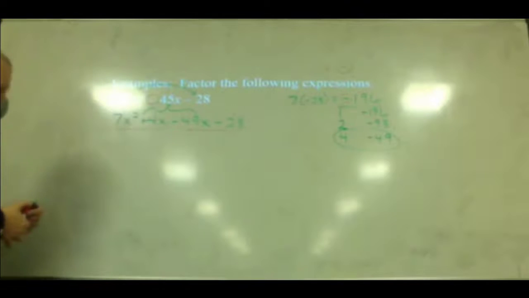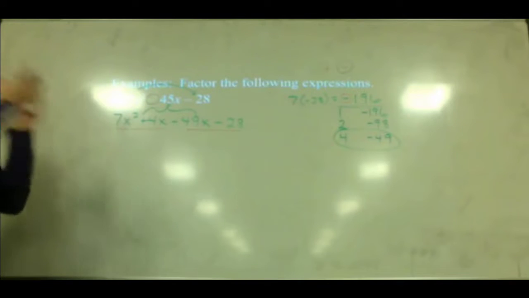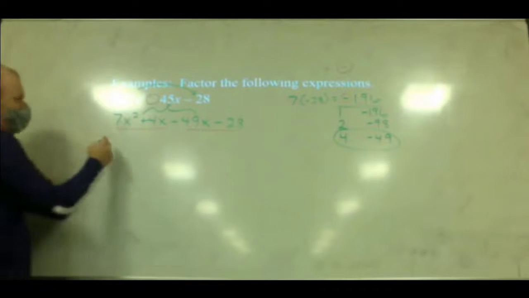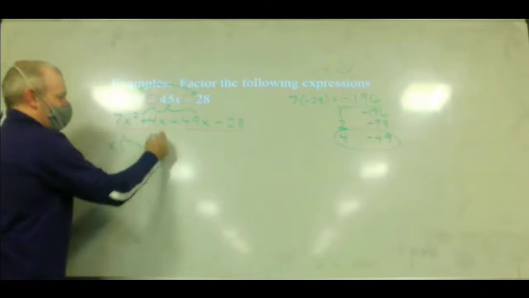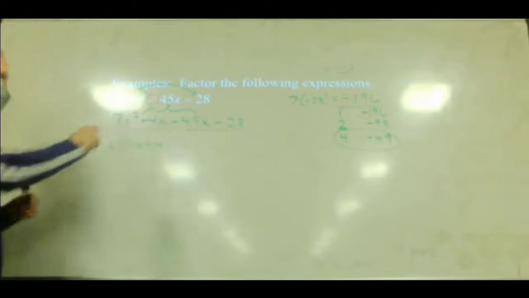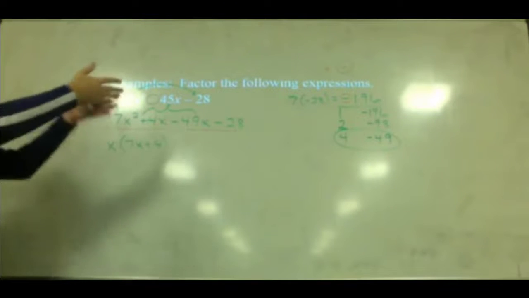So for our first group, what can we factor out of both of those? Depending on the order you put in, I can just factor out an x. And what's left? 7x plus 4. If you switch the order, you can factor out a 7x. But I have it this way, so I always put my smaller one first just because of my chart.